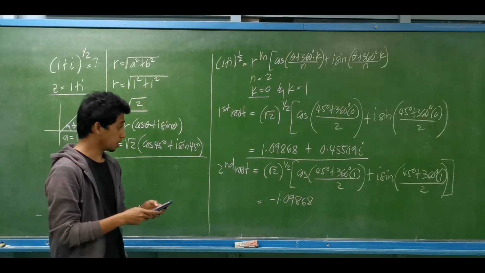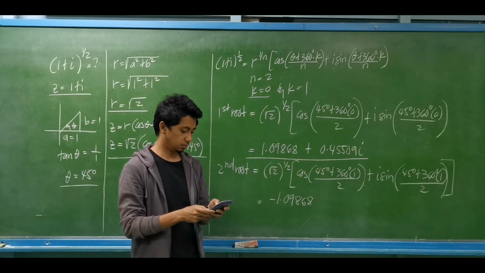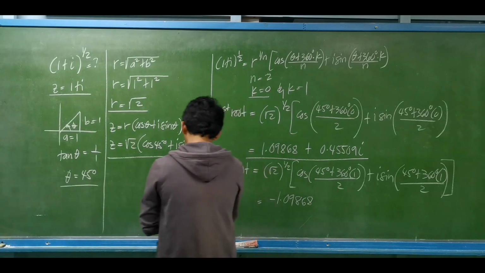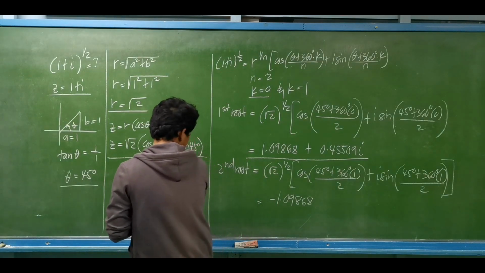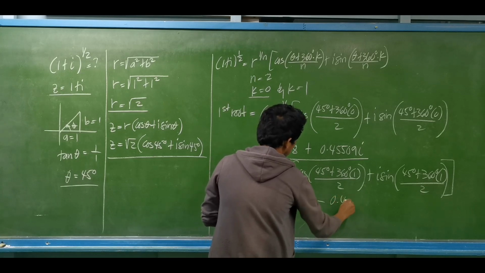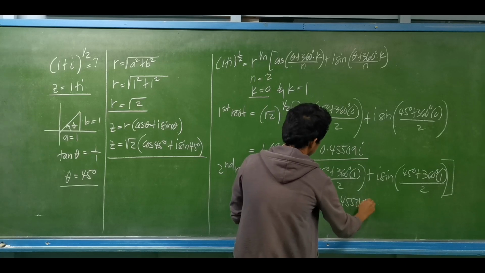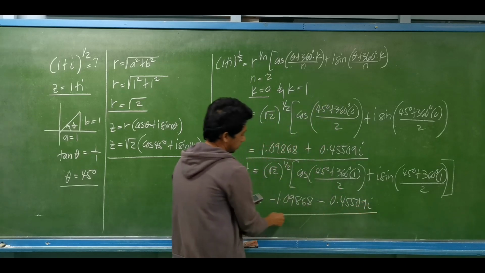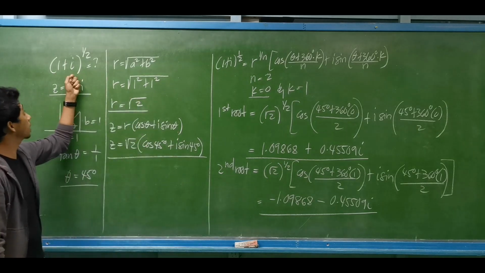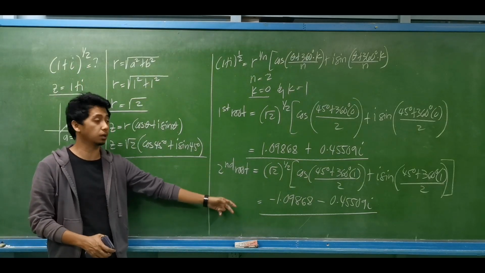Then on this term, we also have it as negative, a negative 0.45509 i. So these are the roots of 1 plus i. So again, since we are taking the square root, we have only 2 roots.